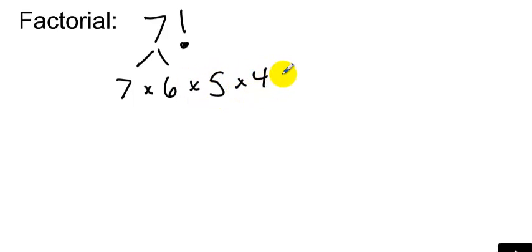A factorial is a mathematical term for taking a number, so let's say 7. If I say 7 factorial, it looks like an exclamation point. That is equivalent to 7 times 6 times 5 times 4 times 3 times 2 times 1.